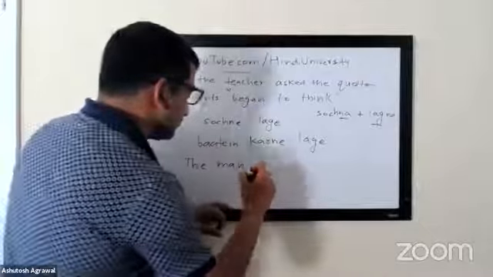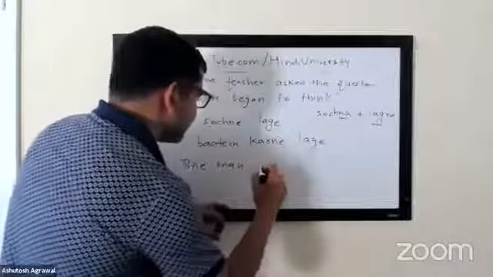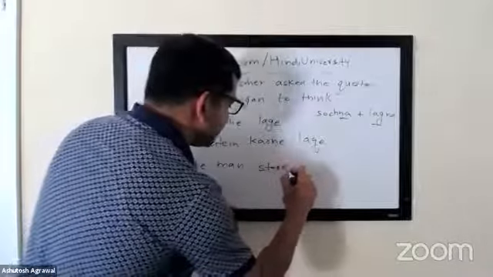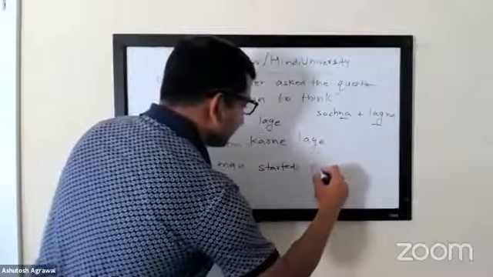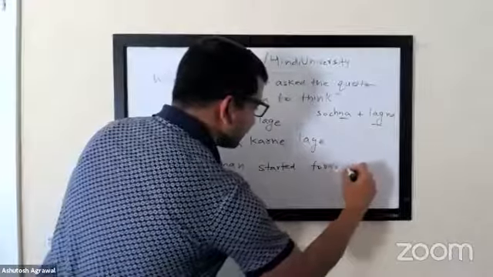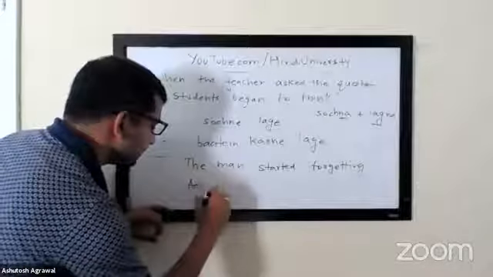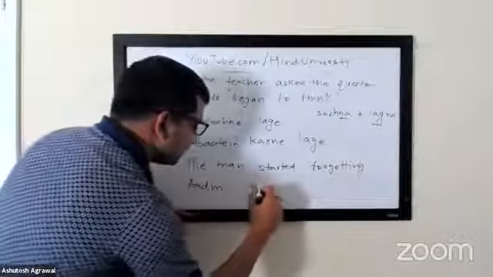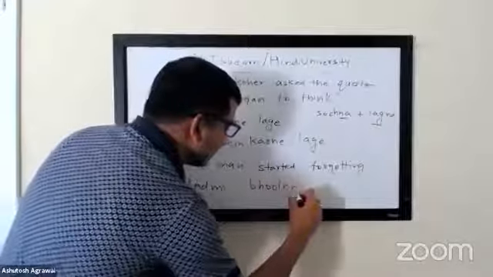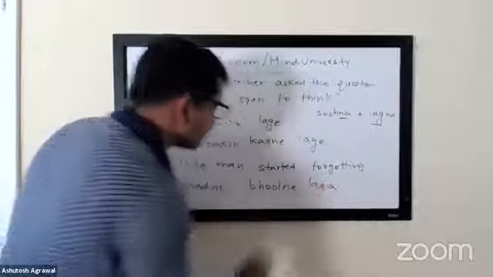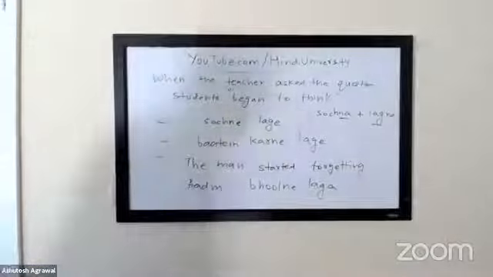So आदमी, which is what you're saying. The man started. Yes, sir. Okay, forgetting or to forget. Man started forgetting. Okay, that's a good one. आदमी भूलने लगा. Okay, I'll take that one.